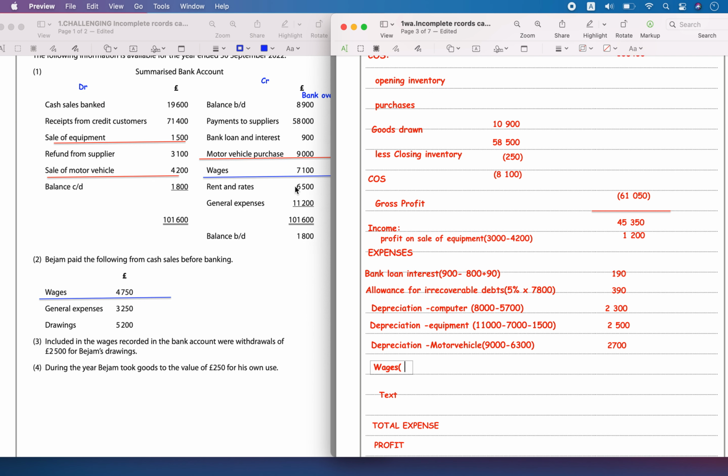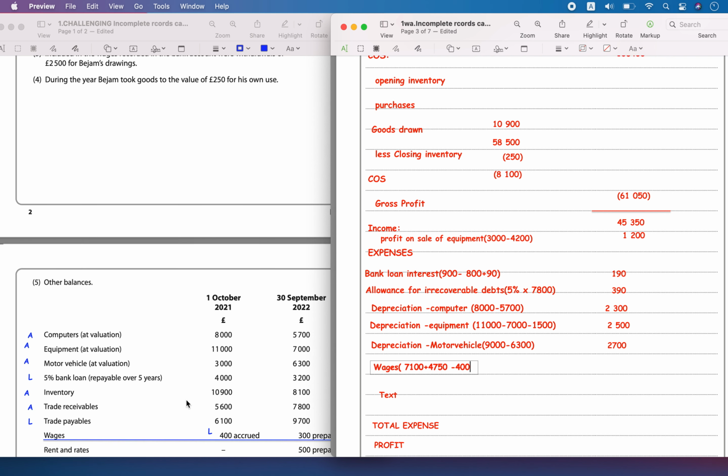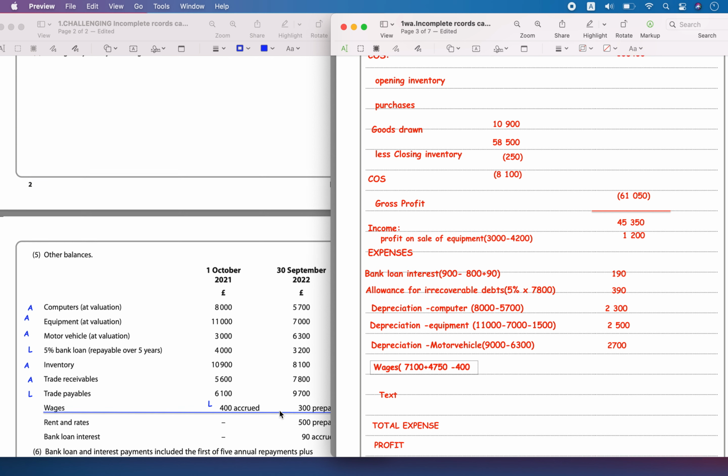So what was the wages paid? The wages paid was 7,100 plus 4,750. Okay, that was the expense, but they already had included some old wages from the past. So we have to remove it, so we just subtract, and then 300 had got prepaid, so you still remove the 300 also.